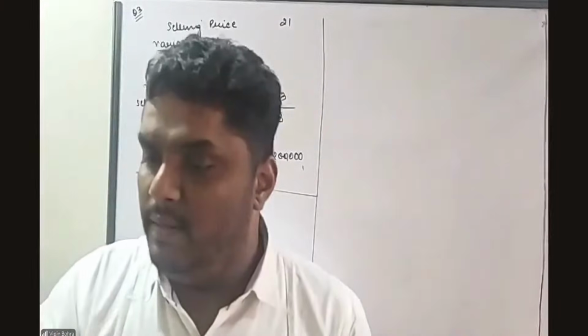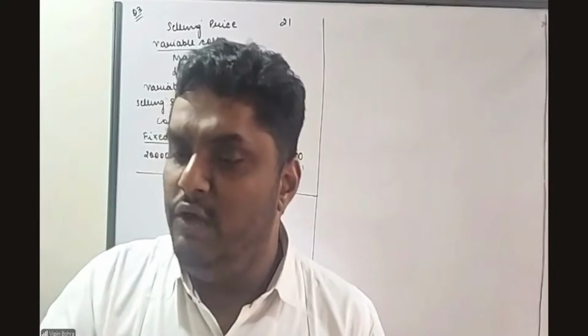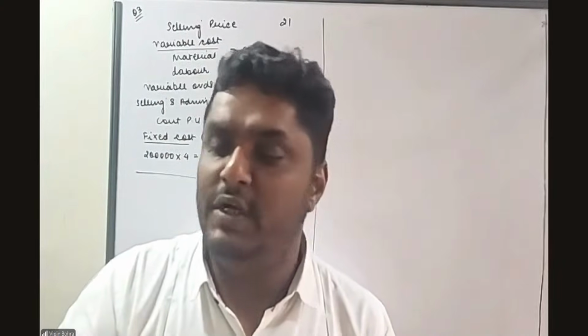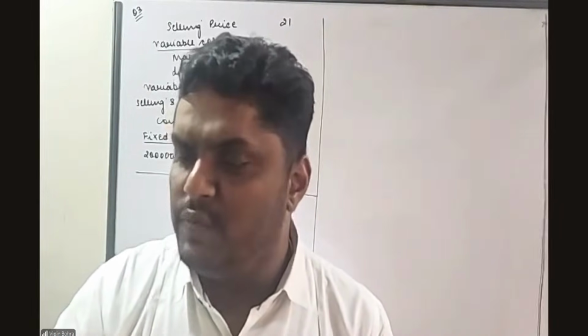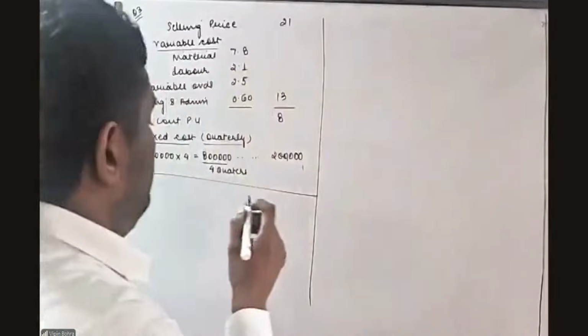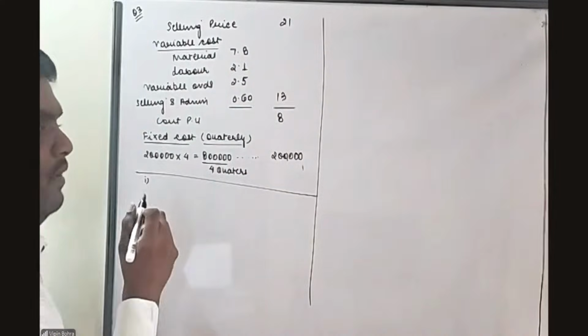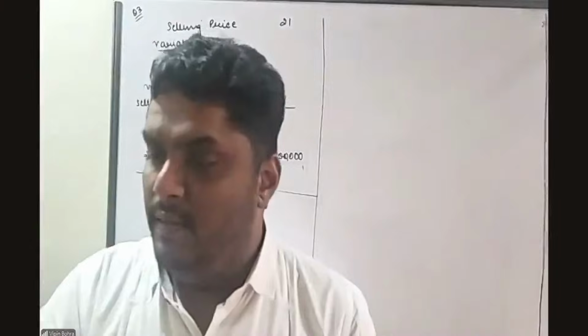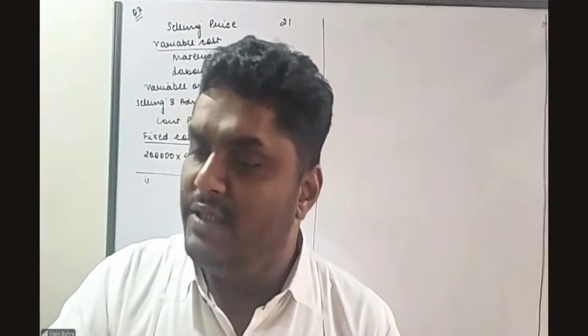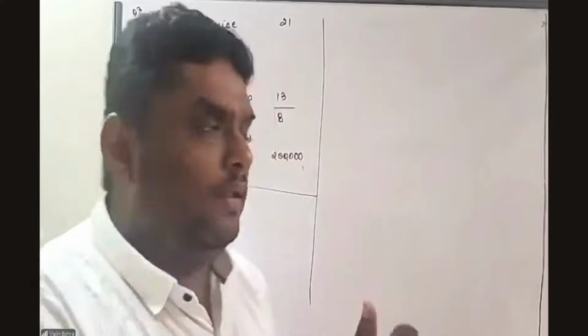Now see, it's given in the question that you are required to find out first of all the shutdown point, and further to express your opinion along with calculation as to whether the plant should be shut down during the quarter or not. So let's start with the first part, wherein it is given that during the next quarter only 10,000 units can be produced and sold.